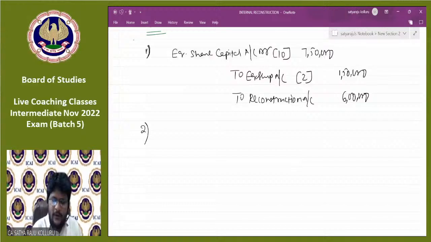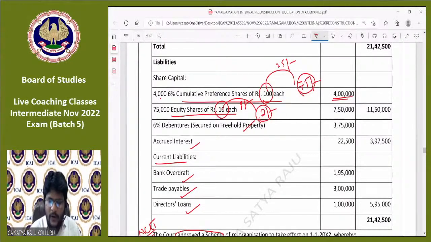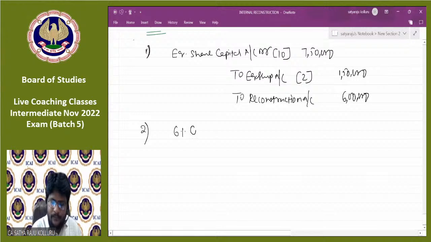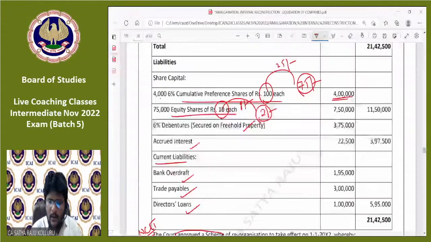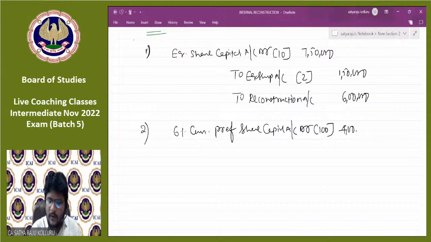Coming to preference shareholders, in the same way, first you need to cancel the existing 6% cumulative preference share capital. May I know the face value? 100. So 4,000 into 100, which was 4 lakhs.